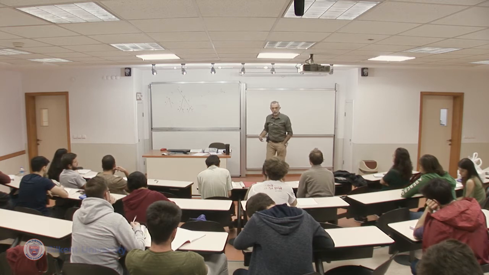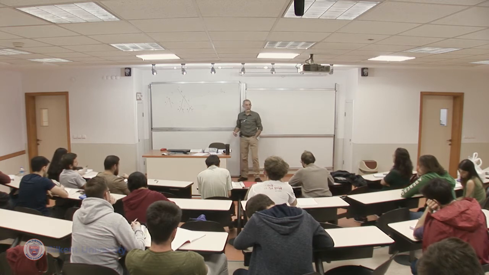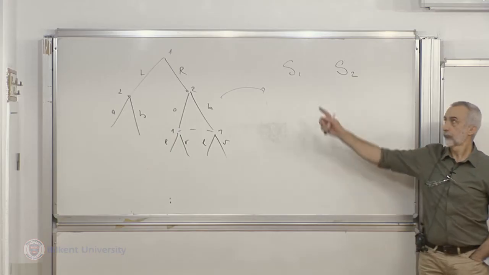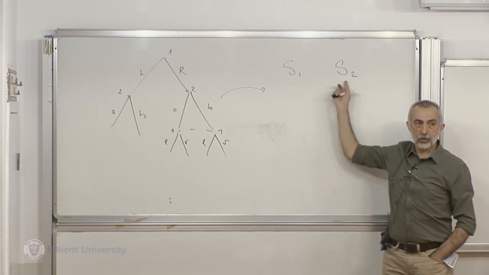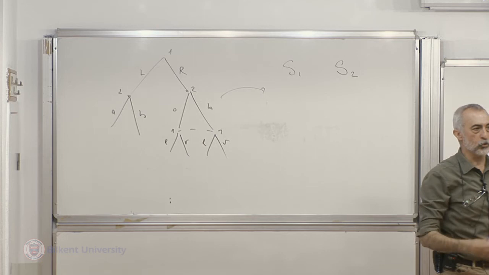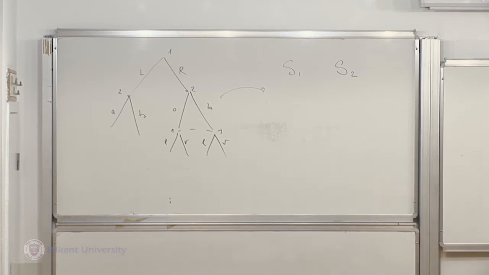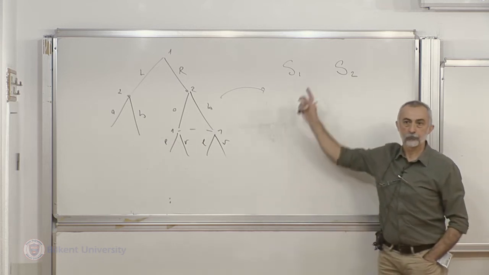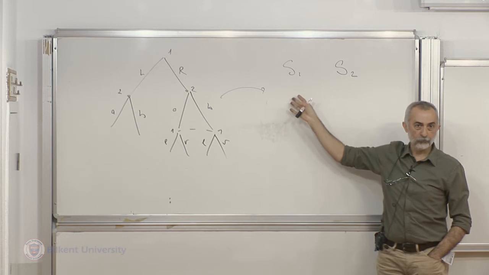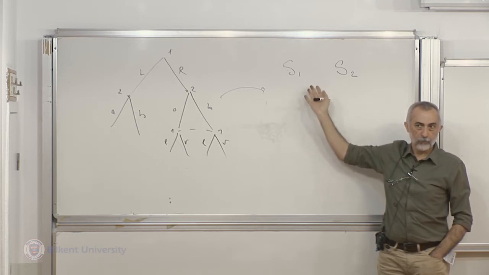It was what we called a mixed strategy, a probability distribution over the agent's strategy sets. So a mixed strategy in an extensive form game is a probability distribution over the strategy sets. So far, so good?